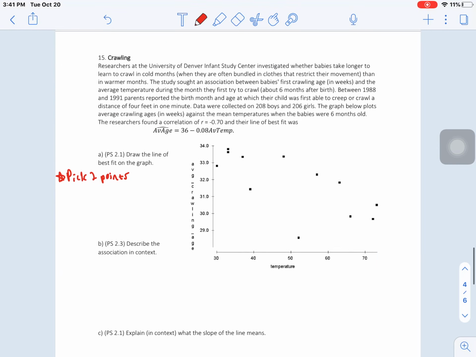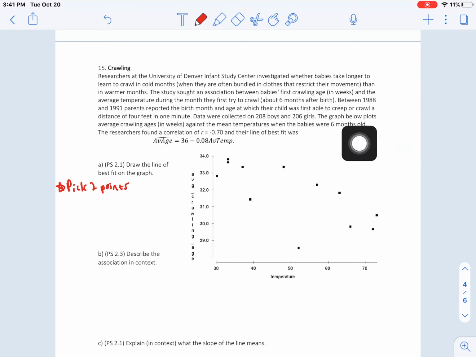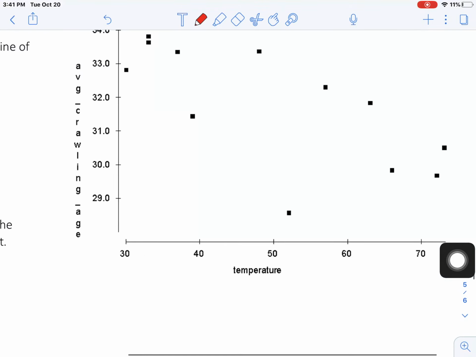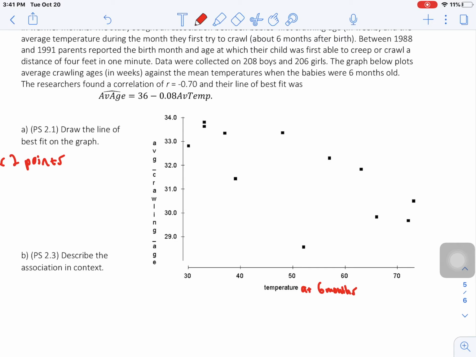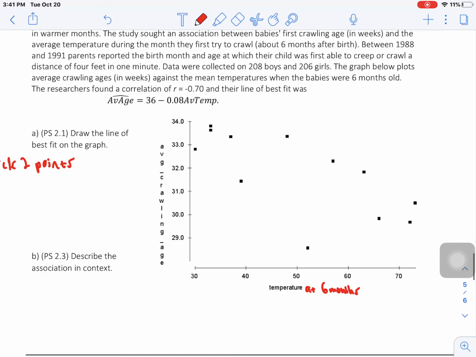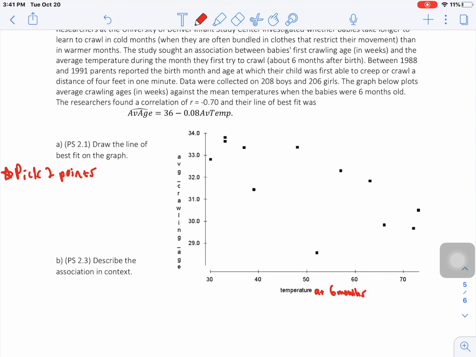All right, AP Stats, last page, number 15. A lot going on with this problem. So a university study, they were looking at babies crawling, and they looked at the average temperature when they were 6 months. So basically when the babies were half a year old, and they want to see if there's an association between the temperature and at what age did they crawl.